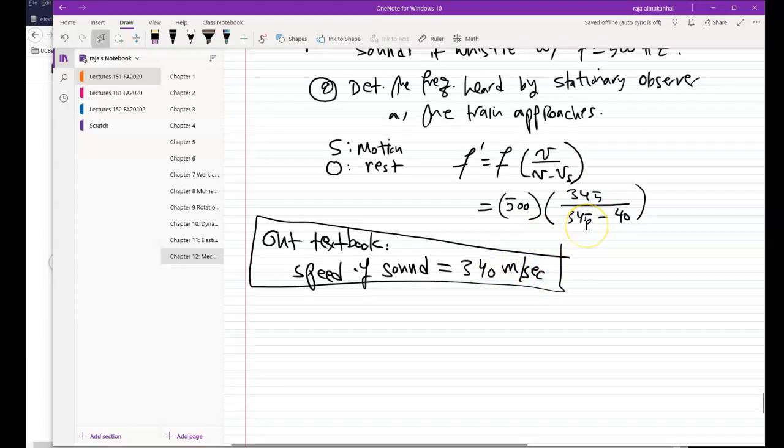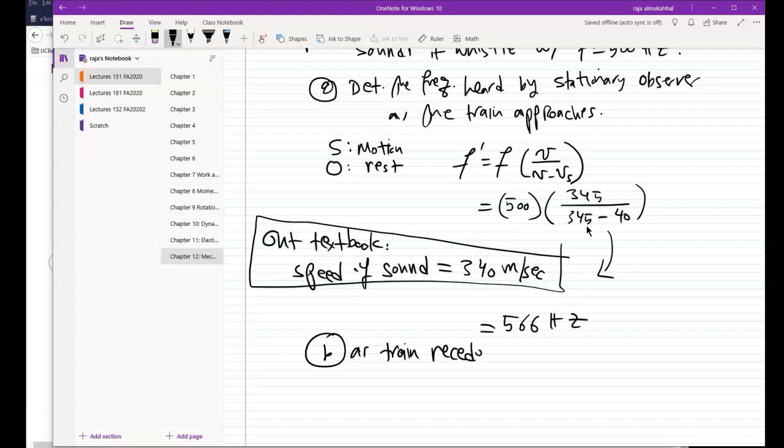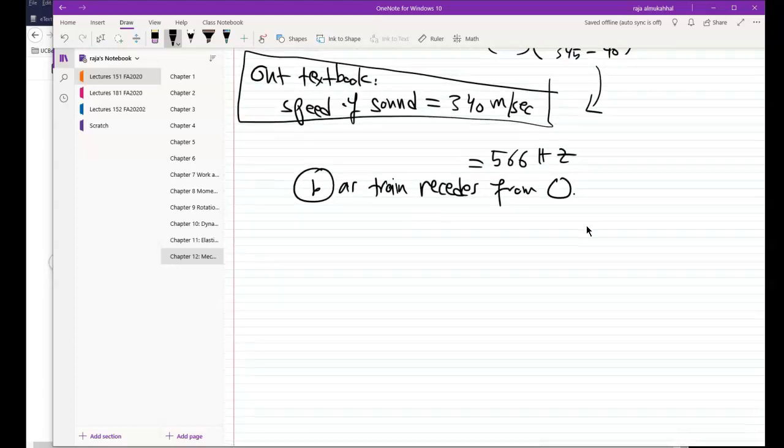So anyway, when we do it this way, guys, let me go back to the formula that I started here. When we calculate that, you're going to get a higher pitch because it's moving towards. So that's going to be 566 hertz. Part B, he says, as the train recedes from O. Well, in this case, we use the same formula, except that we have the plus sign.